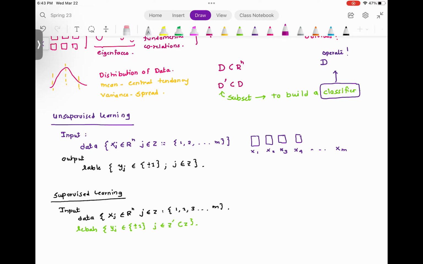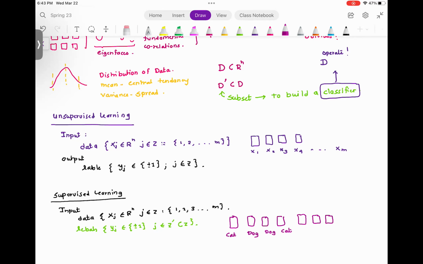So for an example, what I have is these images, and this is cat, dog, dog, cat. But then I could have some images that potentially may not be labeled.